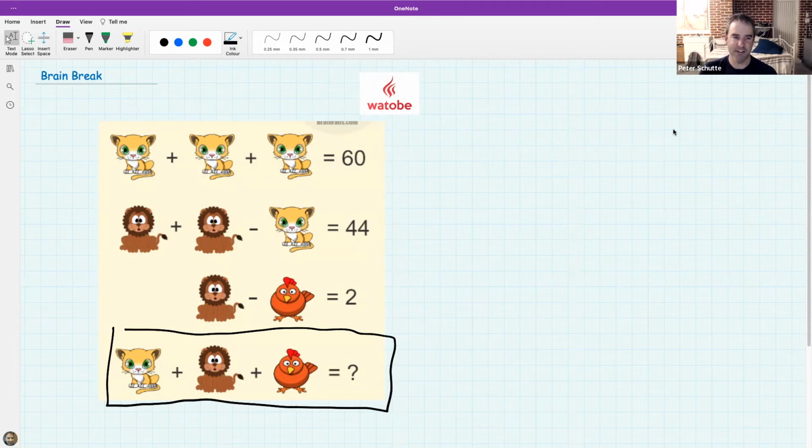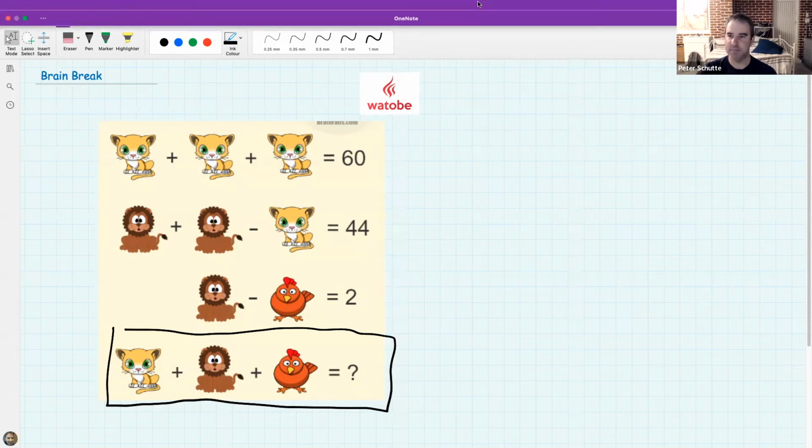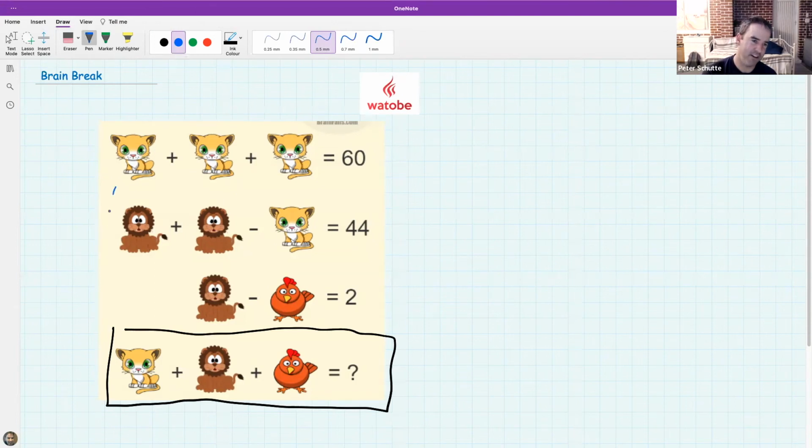I'm not going to give hints along the way today. I want to see what's the final answer. Be careful about the second line. It's a bit trickier than it looks.